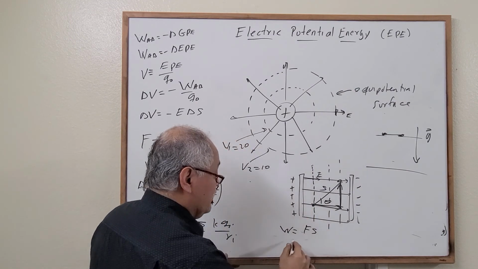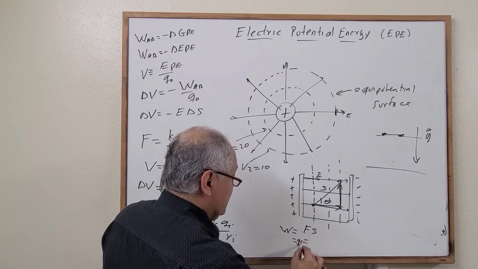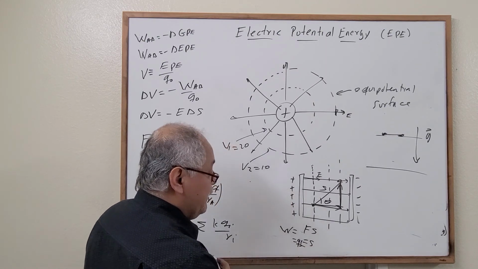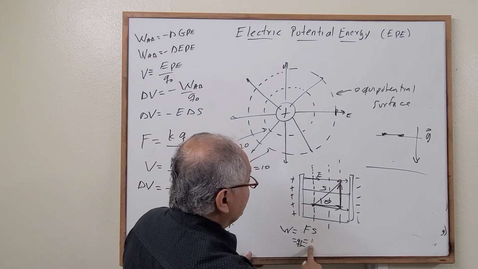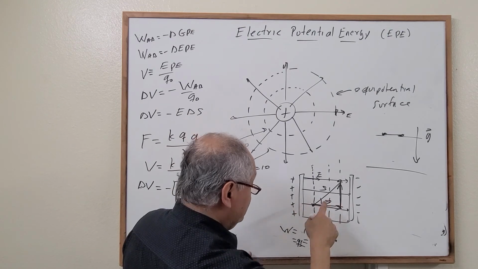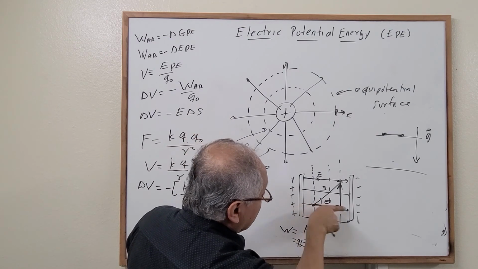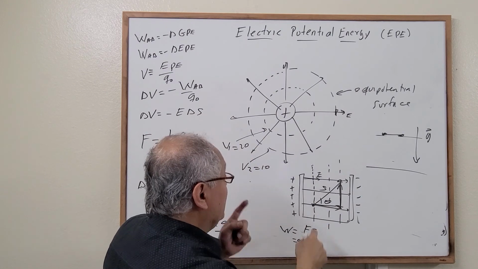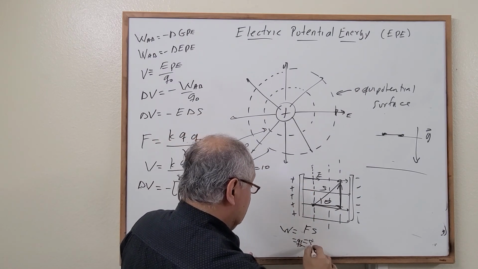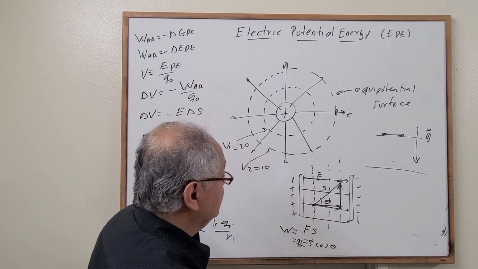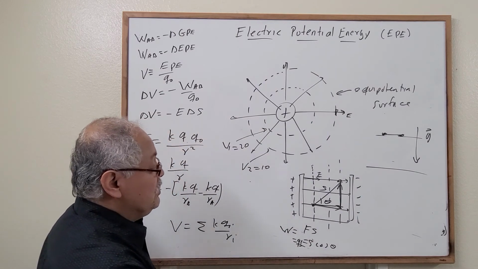But what is force? Force equals the electric field times Q naught. In this case, the force that we're dealing with is in this direction, correct? Parallel to the electric field, so it equals S cosine theta in general.